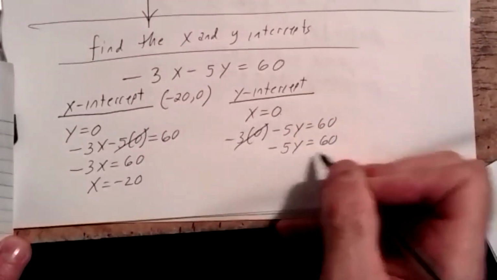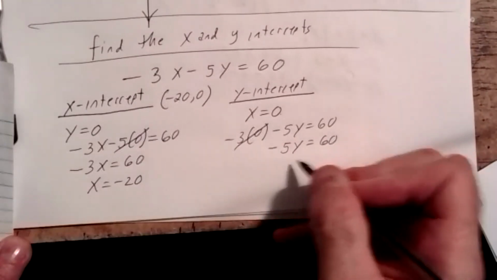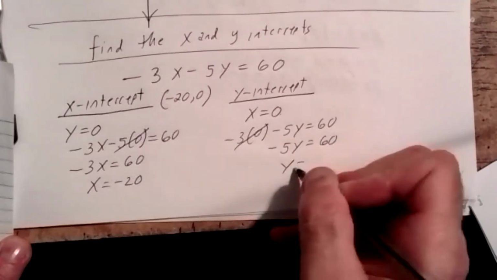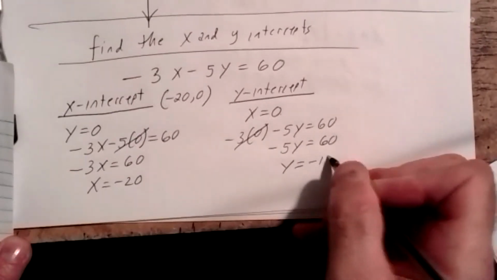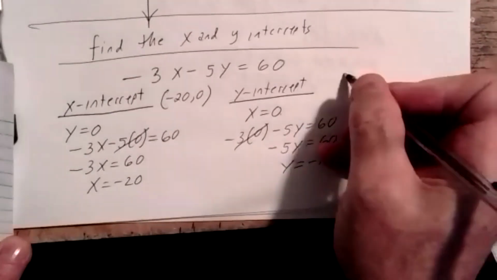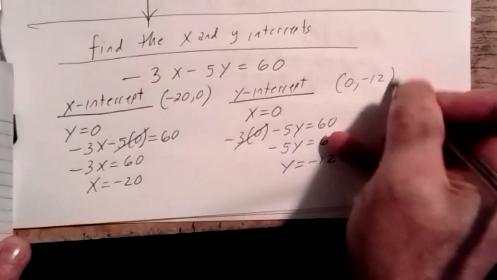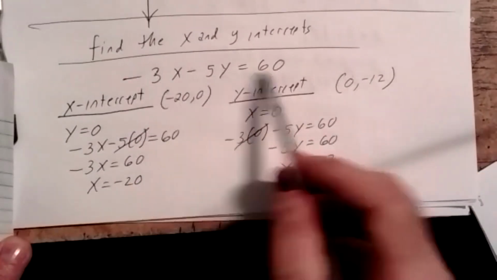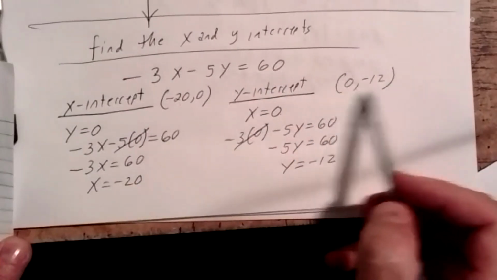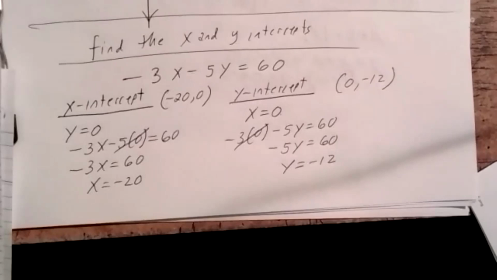Solving for y, dividing both sides by -5, we get y is equal to what? What's 60 divided by -5? That would be a -12. Hence the ordered pair is 0, -12. That's your y-intercept. It's at this point where the graph of this linear equation is going to intersect the y-axis. Okay. Any questions how we manually found the x and y intercepts of that linear equation there?